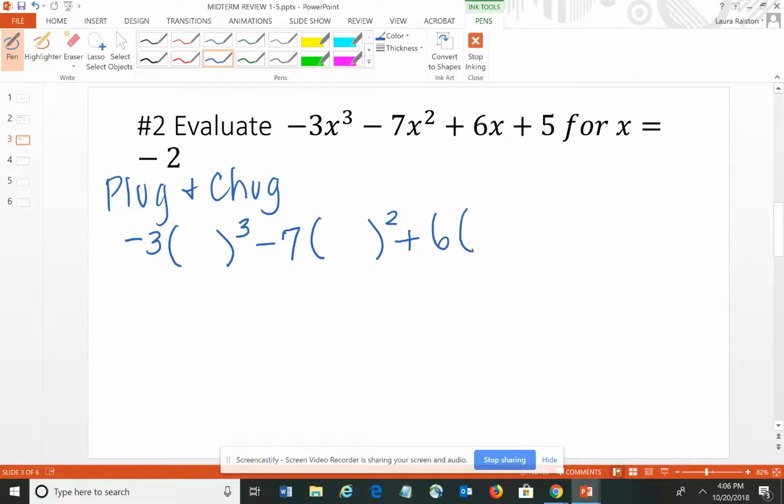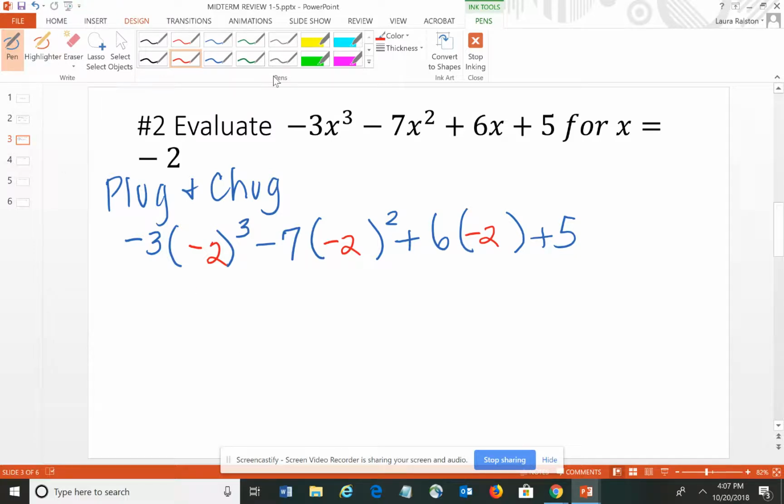I'm going to highlight that for you in a different color to show you what I've done. Okay, so wherever there was an x, I'm going to put a value of negative 2 because that was the given value. And then you very well could get out your calculator at this point.